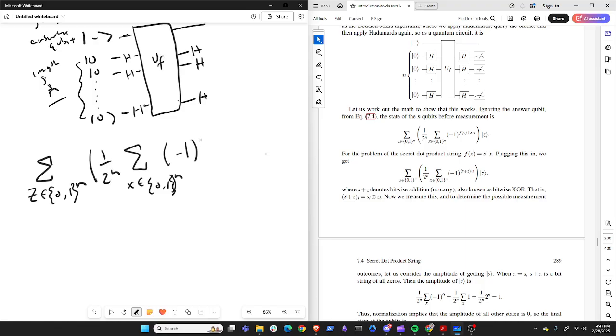And that phase is applied to the amplitude for our state here. So in this, z is standing in for the secret string s.